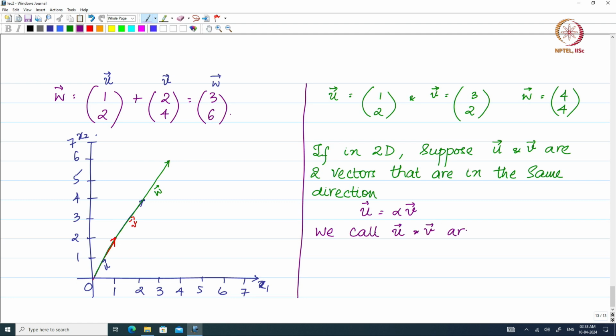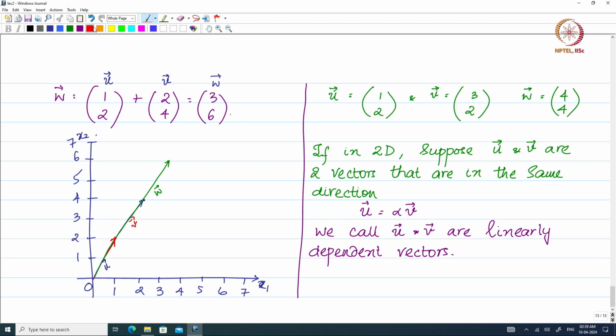We call u and v linearly dependent vectors. Of course, we will see a very formal definition in the subsequent topics to come. When we look at vector spaces, we look at more formal definitions of linearly dependent vectors and linearly independent vectors. So we will say that these are linearly dependent vectors.